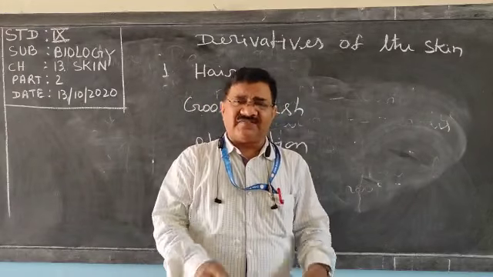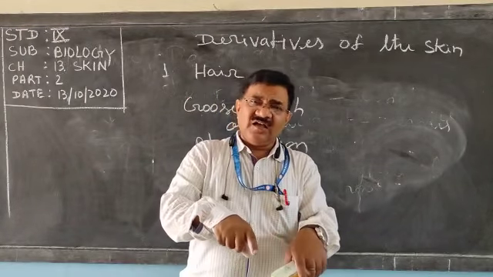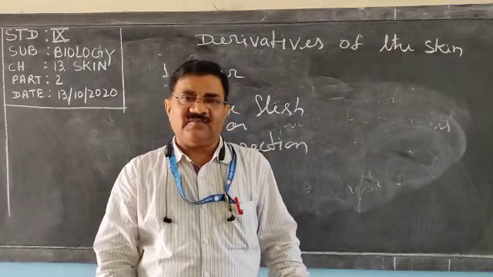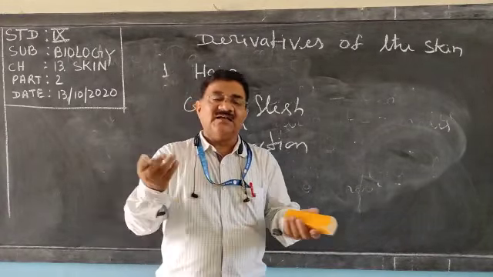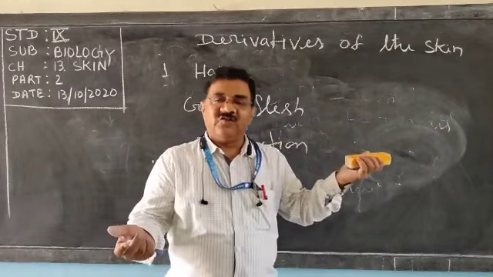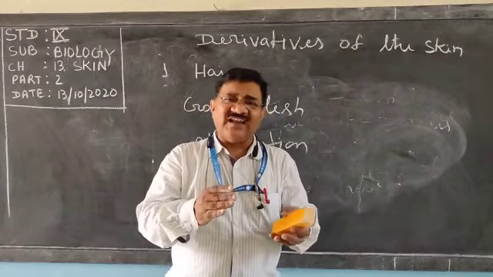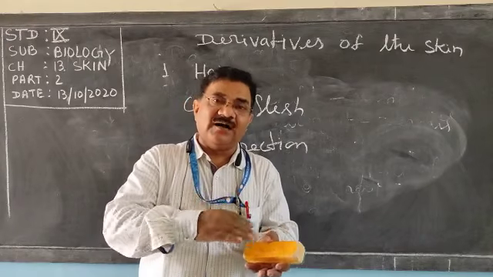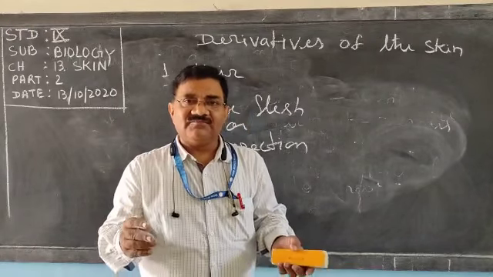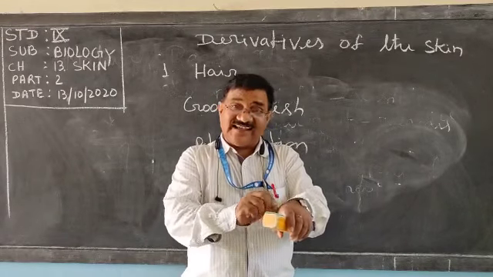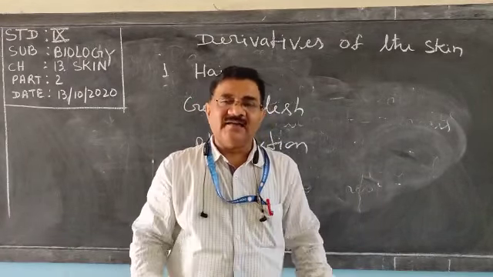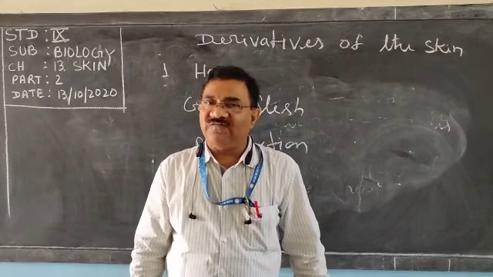Just now we discussed that hair is oblique in position, and when it becomes vertical, that is called goose flesh. Now a question arises: how does it become vertical from the oblique position? There is a wrinkle or folding in the upper layer of the skin.